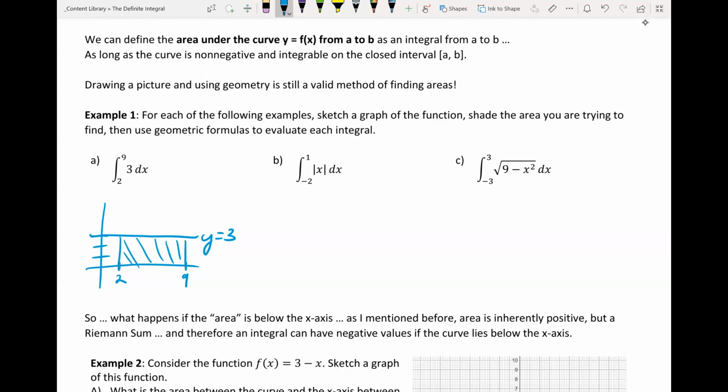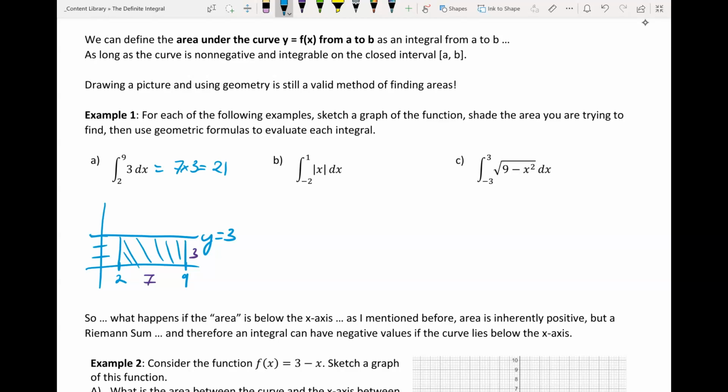Okay, so it said before that calculating the area underneath the curve is solving for the integral. So all I need to do is find the area underneath y equals 3 between 2 and 9. So if we look at our width and our height of our rectangle, we'll have 7 times 3. So then our integral is going to be 21.